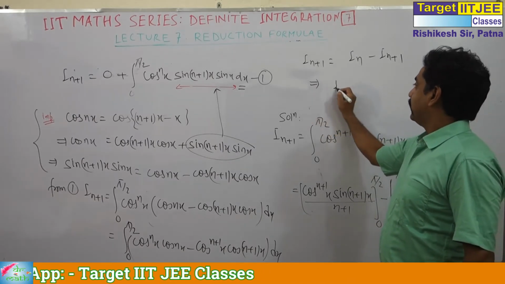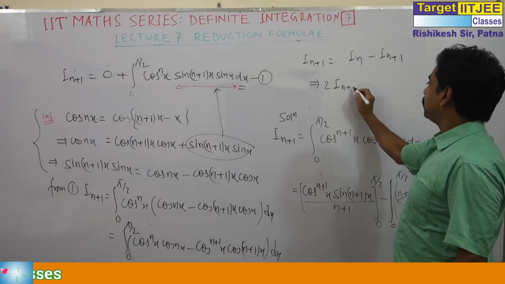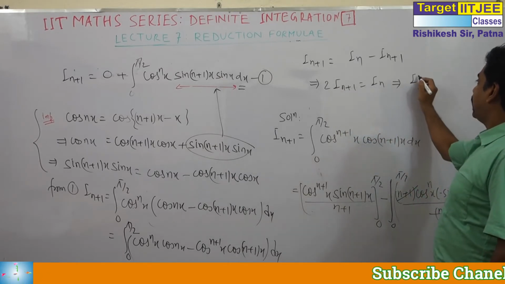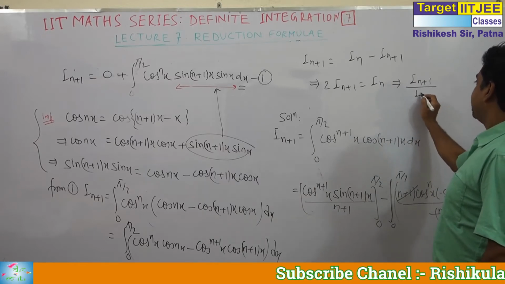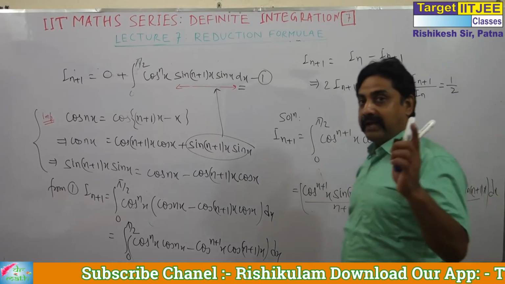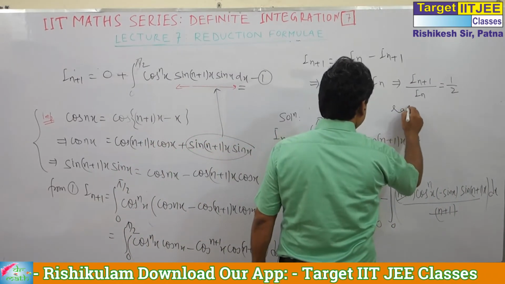This will give 2 I n plus 1 is equal to I n. Then I n plus 1 by I n is what? 1 by 2. It means the ratio of two consecutive terms is constant.